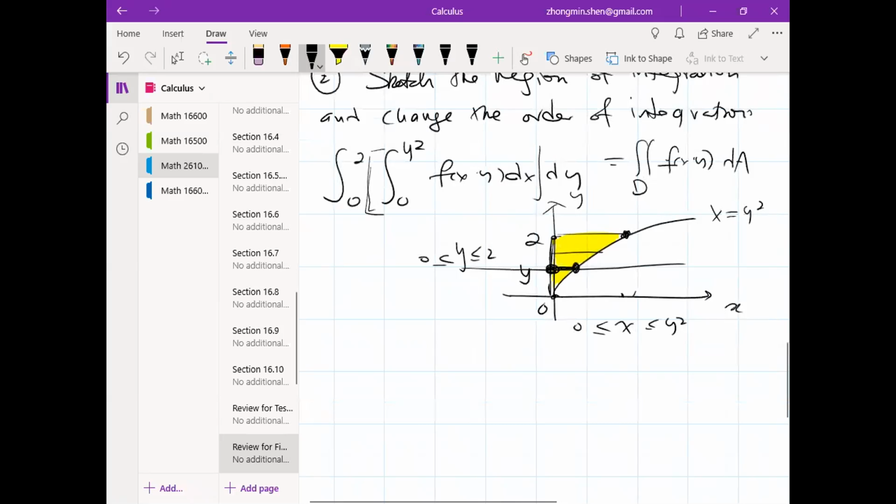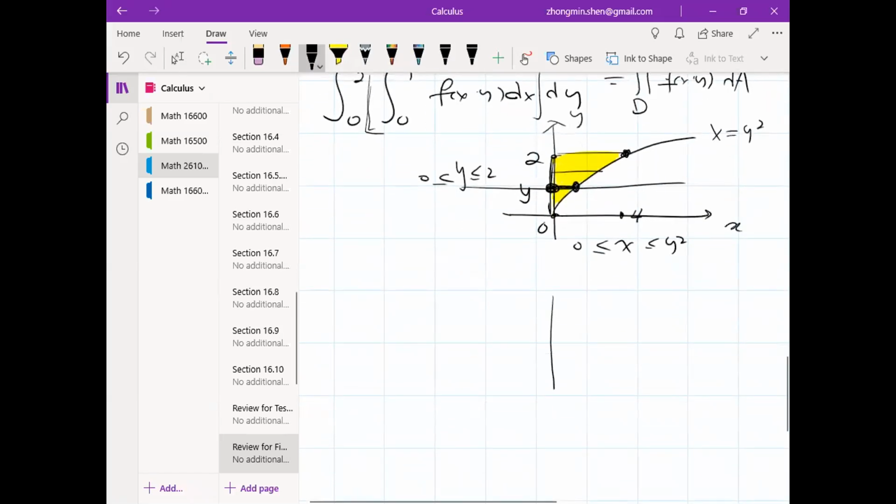The x value is going to be 4. Now you're going to use a vertical line to partition the region. So let's draw the picture again. So this is the region. Here's 4, this is 2.